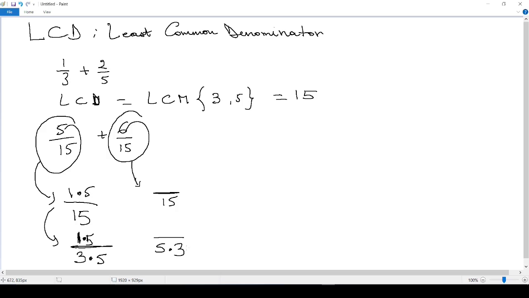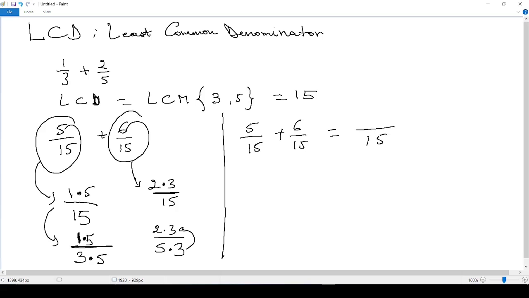And this 3, we multiply also the top by 3, so 2 times 3, and we have 6 over 15. So we're going back to 5 over 15 plus 6 over 15. Since they have the same denominator, we just perform the addition, keeping the same denominator. We add the top, 5 plus 6, and our final result is 11 over 15, right?